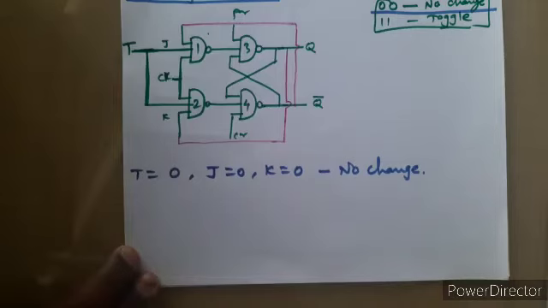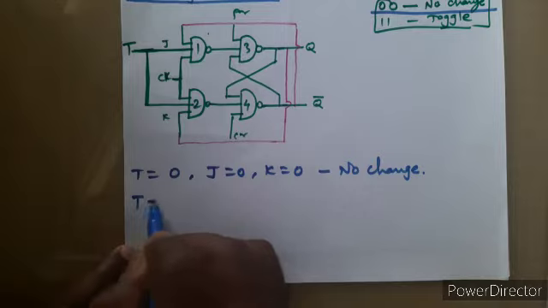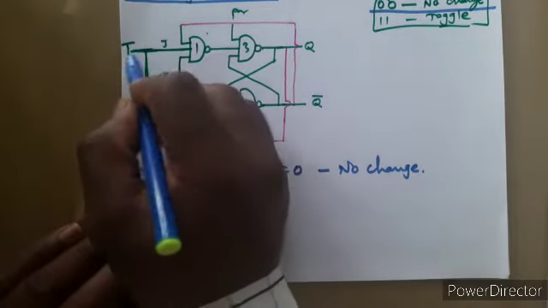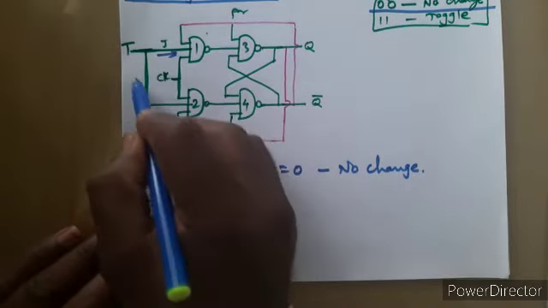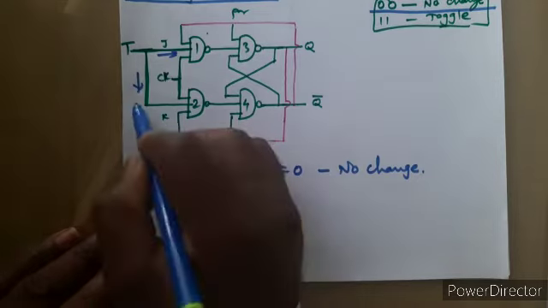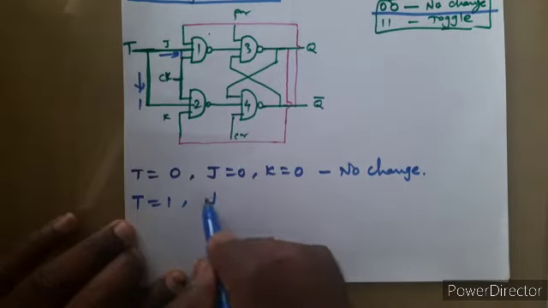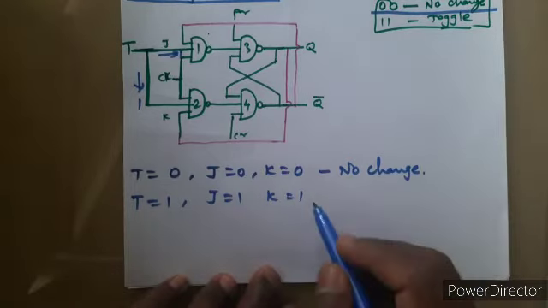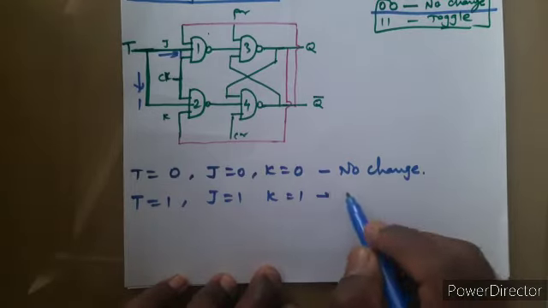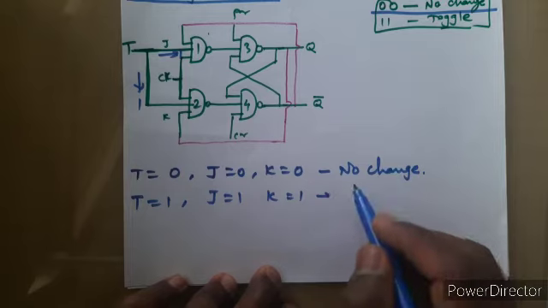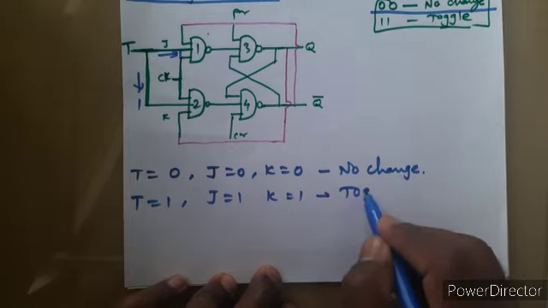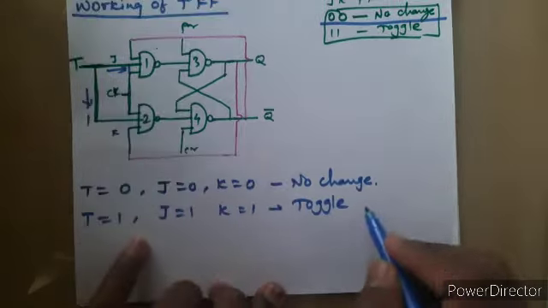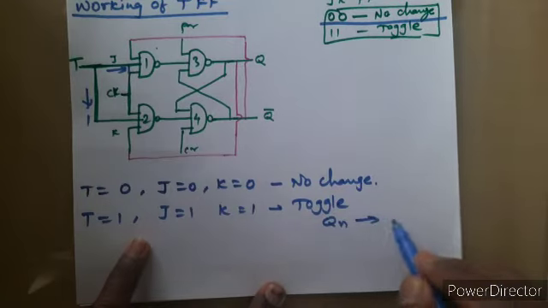Now when T is equal to 1, see here it goes 1 and here it is also 1, so J is equal to 1 and K is equal to 1. Here your output is toggled from the previous state. So if it was Qn, the output becomes Qn bar, right?